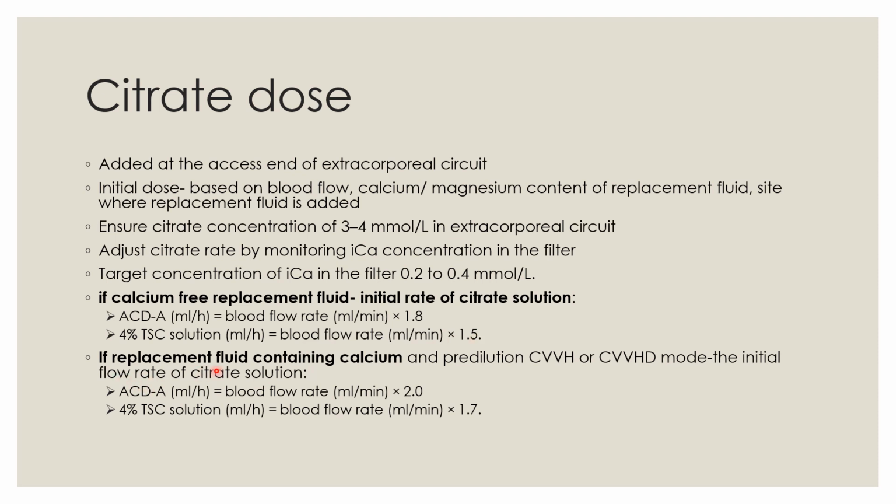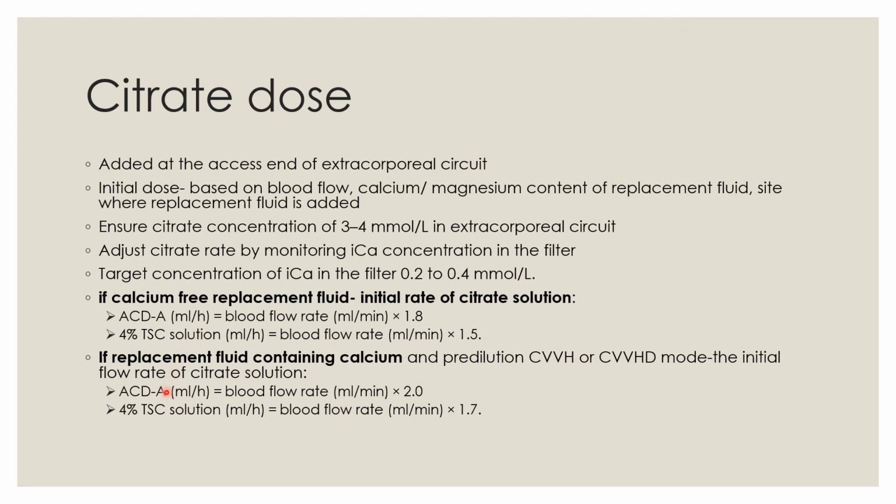If replacement fluid containing calcium is used and pre-dilution CVVH or CVVHD mode is chosen, the flow rate of citrate solution should be increased to chelate ionized calcium in the replacement fluid. The initial flow rate is empirically suggested to be as follows.